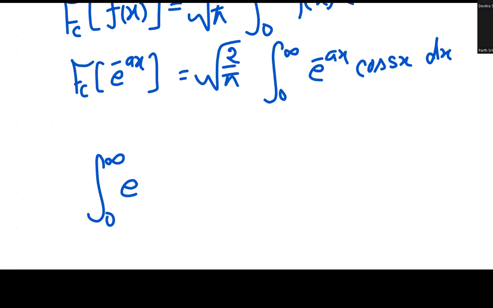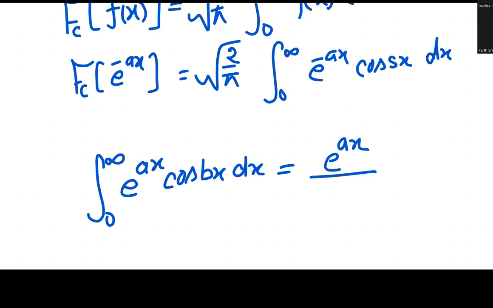We have this formula for e to the power ax into cos bx dx, which is equal to e to the power ax over a square plus b square, into a cos bx plus b sin bx.